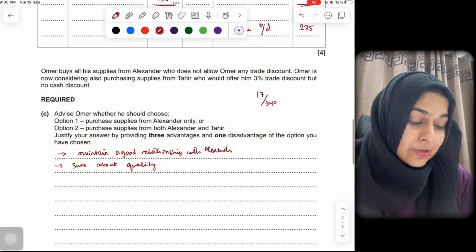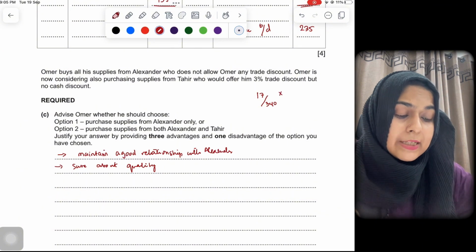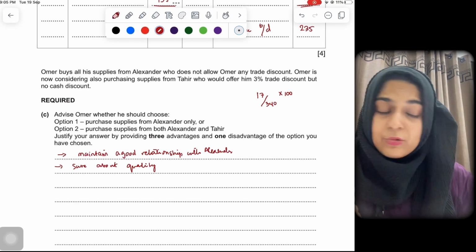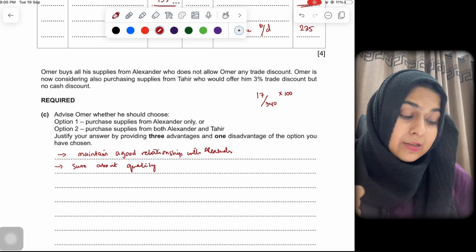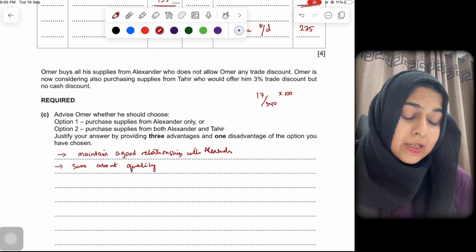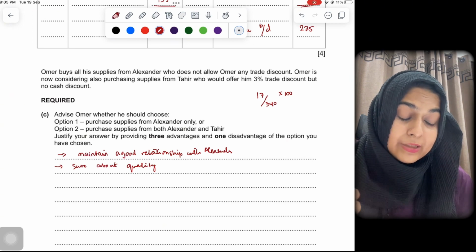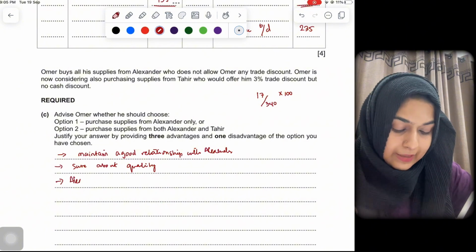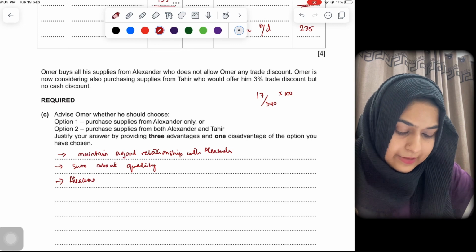If you calculate 17 divided by 340 multiplied by 100, the discount comes out to be more than the trade discount that is being offered by Tahir.